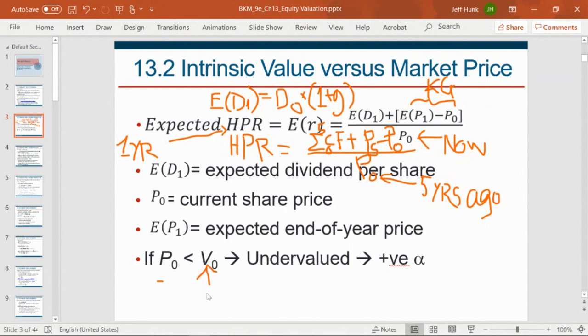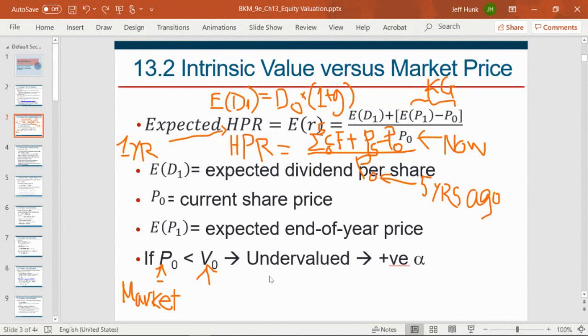The symbol for intrinsic value is V, and this is the symbol for market value, market price. Okay, so the symbol for market price. And this is intrinsic, right?